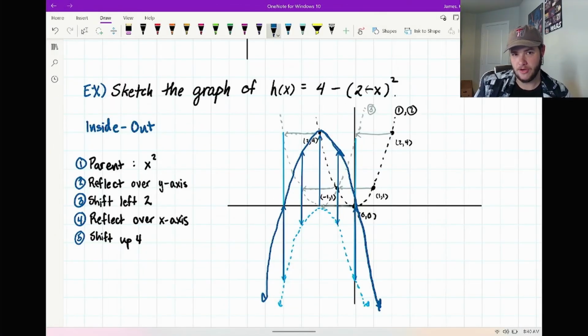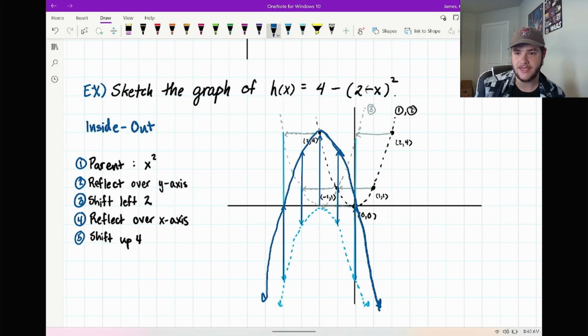After all of those transformations, the dark blue line here would be the final graph. But let's break down how I got there. Again, starting from the parent function, the first thing I was supposed to do was reflect over the y-axis. But you'll notice, because I've already got symmetry over the y-axis, nothing actually changes. So I don't go anywhere.